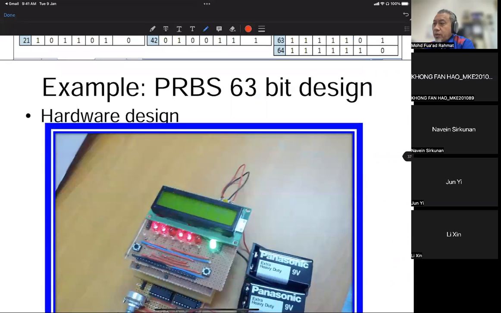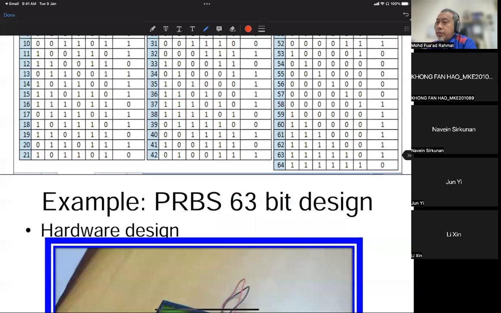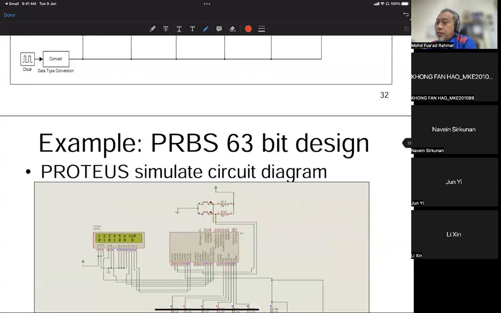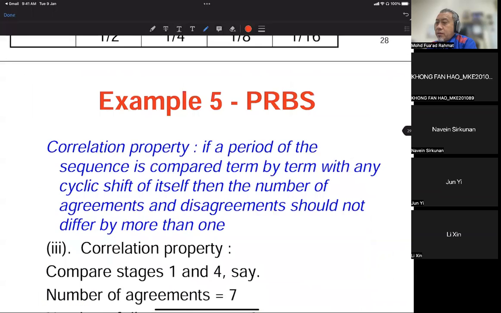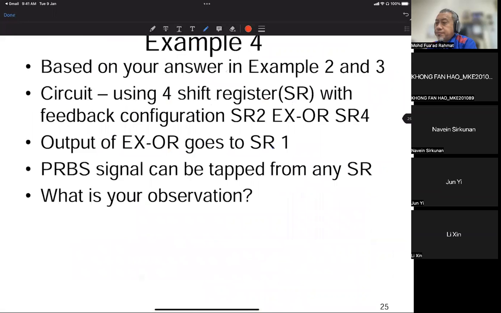Okay. Last 2 weeks, I already discussed with you the pseudo random binary sequence. Several maximum length sequences we can generate from the feedback configurations given, which is shown here.